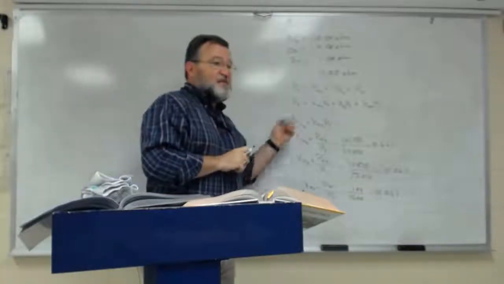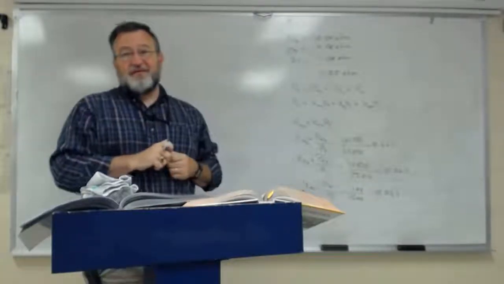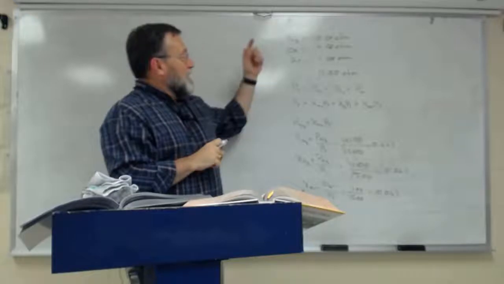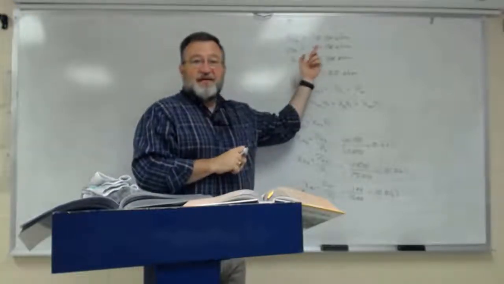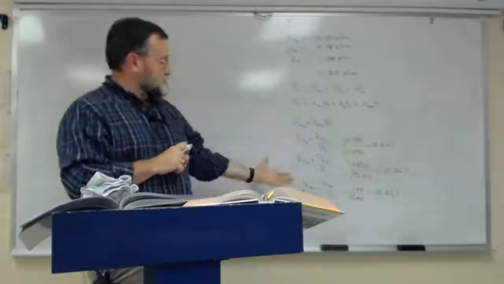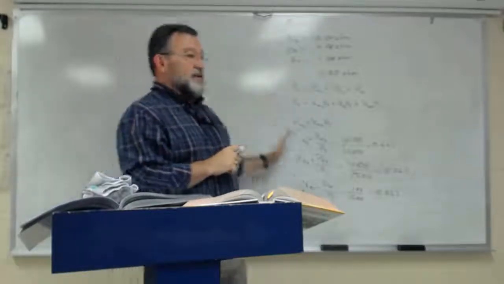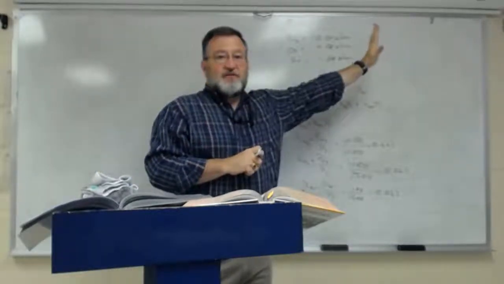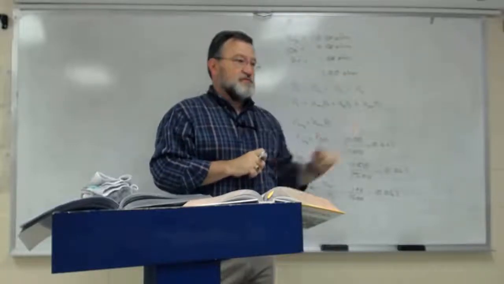Here's the deal. Now that I know the mole fractions, given the pressures and the mole fractions, I can start making my way into figuring out by percentage how many moles of each gas are there, right?